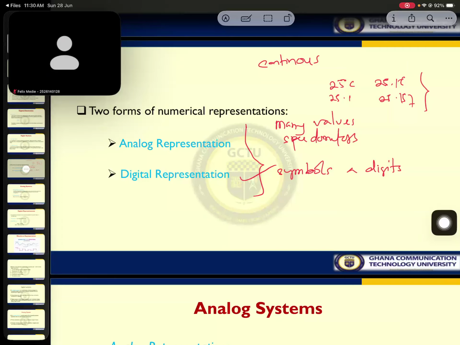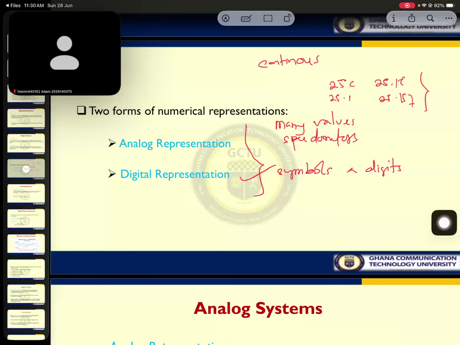Can someone give us an example of a digital system? Sir, please, can we say the betting app? The betting app. Yes, please. Digital system. Betting app. Please, I would say the counting machine.